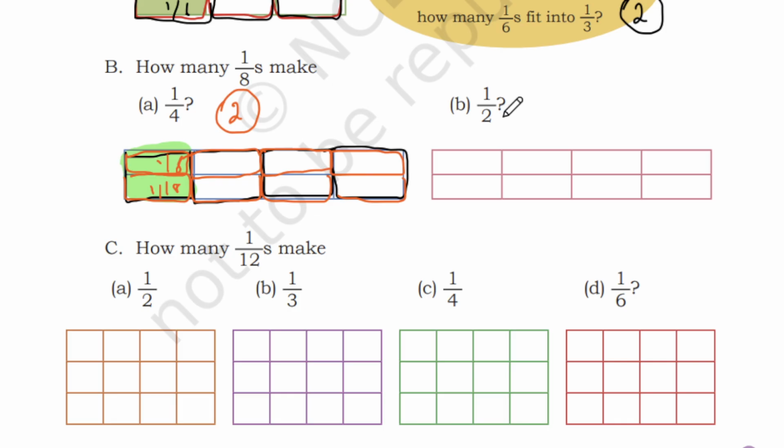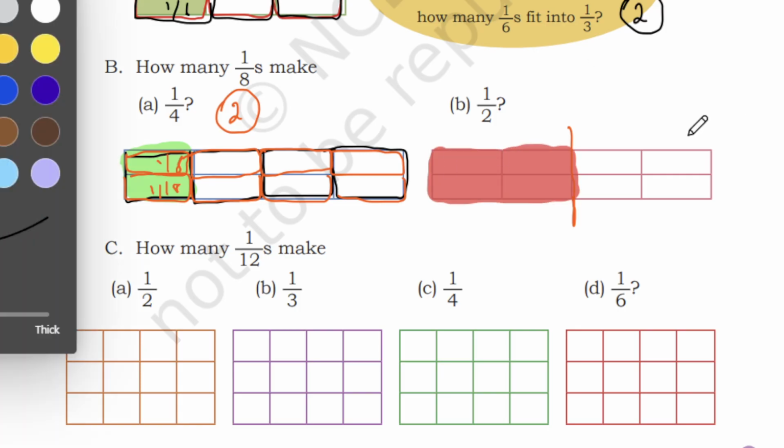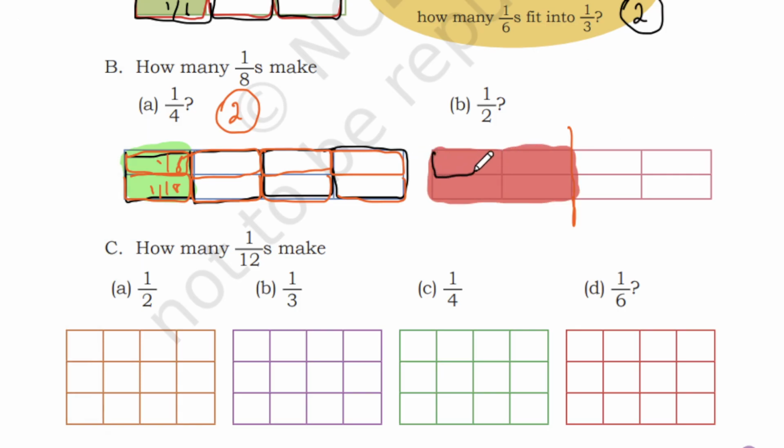Okay. So now 1 by 2. So 1 by 2, either we can divide like this or else you can divide on this side. So if you put a line here, this is 1 by 2. I'm going to shade in red color. And 1 by 8 I'm going to put in a box.